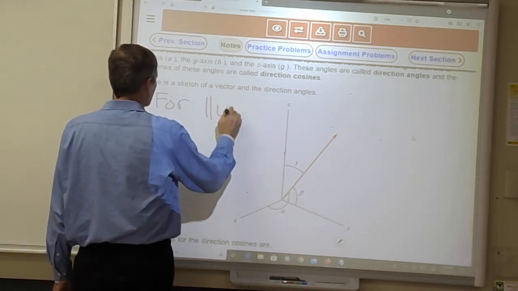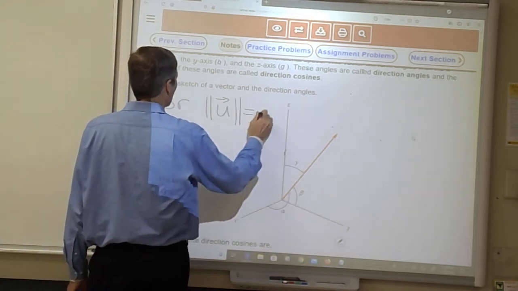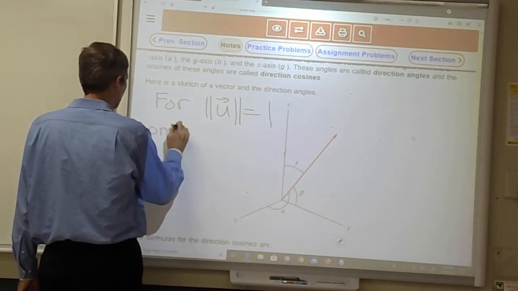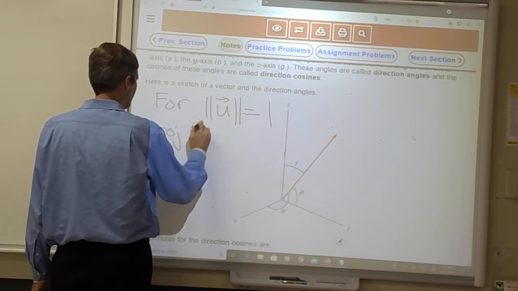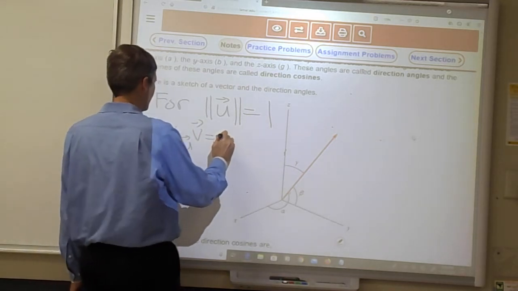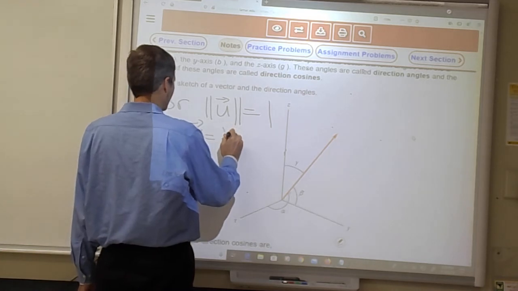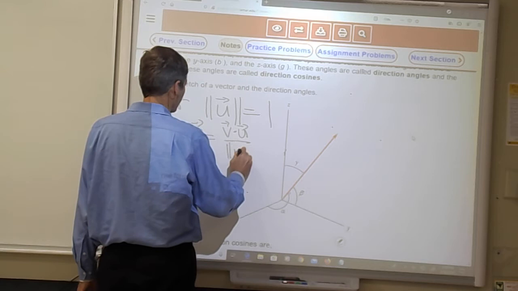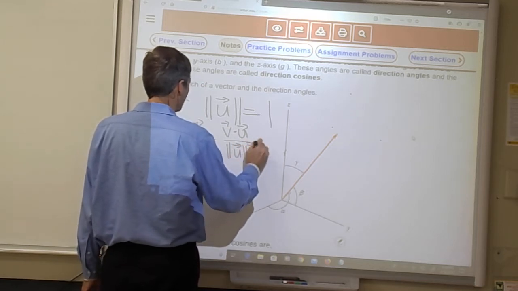For a vector u of length 1, it turns out that the projection of any vector v onto u, well, we remember that it's v dot u over length of u squared times u.